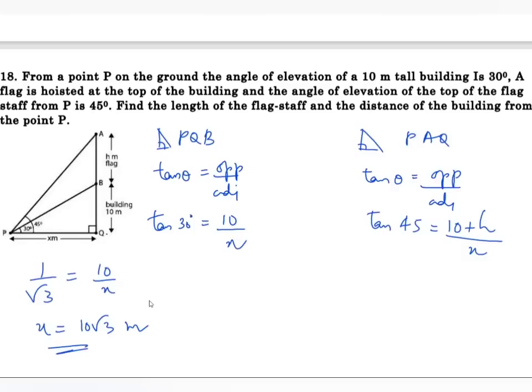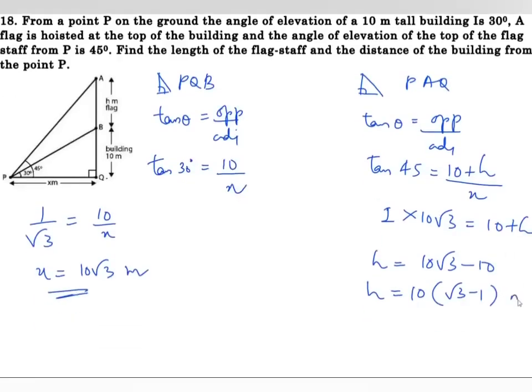Now what you need to do is substitute this x value. Tan 45 is 1, into cross multiply, into x value 10 root 3, equals 10 plus h. Now h equals 10 root 3 minus 10. Take 10 common, what you get is root 3 minus 1.